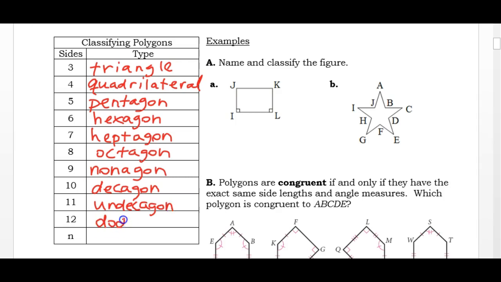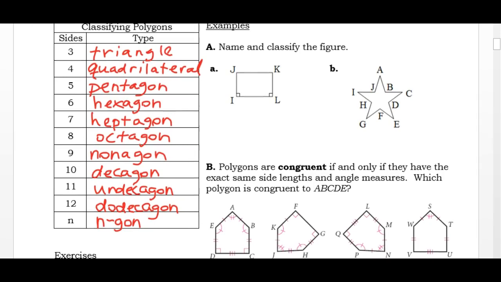And dodecagon. There are more names for select polygons that have more sides than this, but it would be a little silly to just keep naming them. So anything higher than 12, we just call it an n-gon. So for example, if a shape had 15 sides, we would just say a 15-gon.